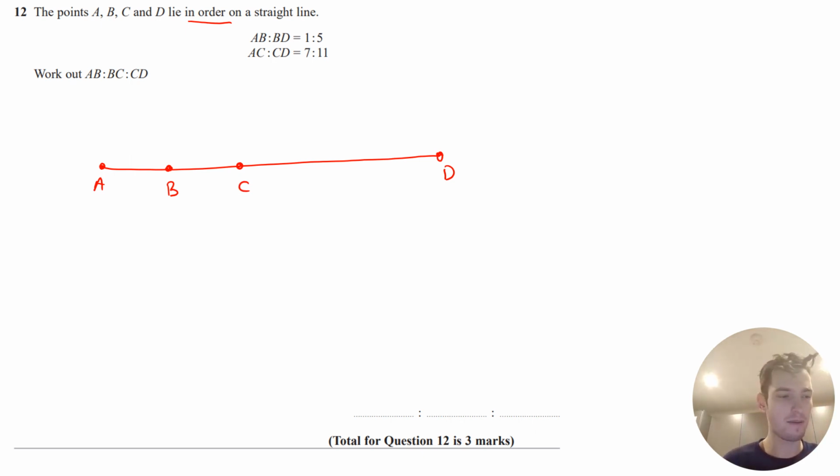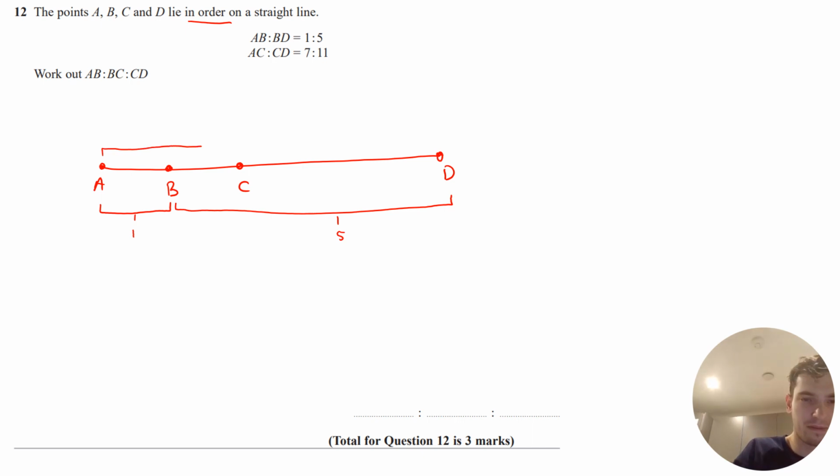Okay, let's put this all on now. So AB to BD. So A to B is 1, and B to D is 5. And then A to C, that is 7.